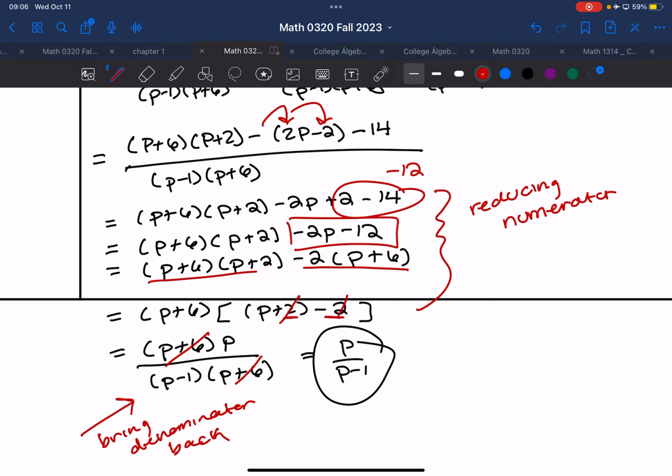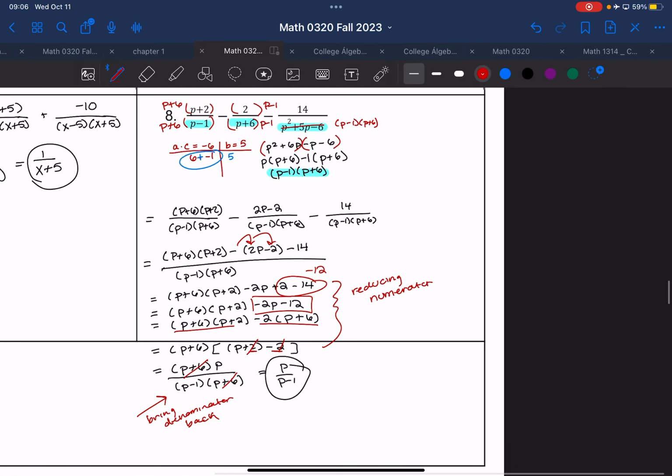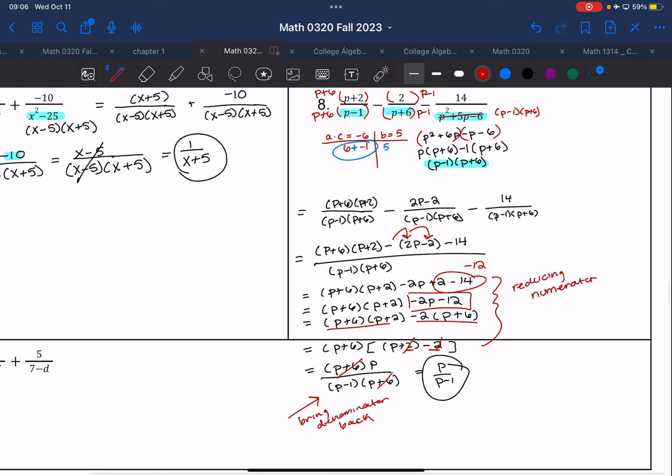Okay. Any questions over 8? That is as complicated as a problem could get, where we have to continue seeing if anything can factor out and reduce.